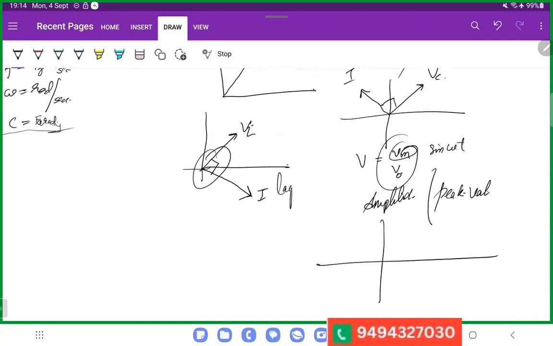This is the peak value of current on the positive and negative side. If we take the average of this, obviously it will be zero, because one is a positive value and one is a negative value.